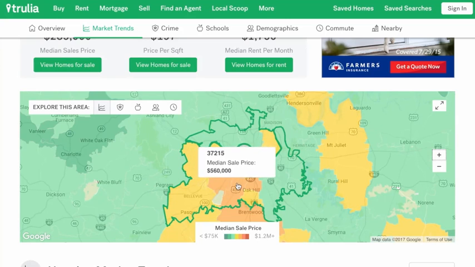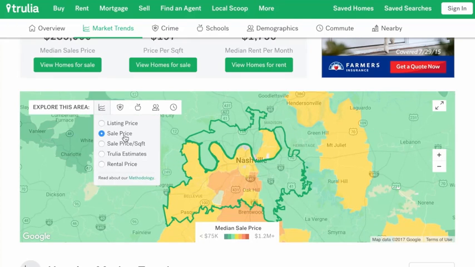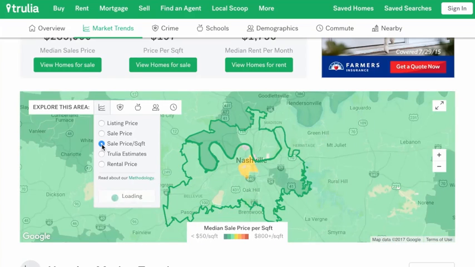So really anywhere here in the orange is going to be up there in the high numbers, because according to our heat map here, that's how it works. So if I click on this, that's looking at the sale price. If I look at sale price per square foot, then it's going to give me the zip code and the price per square foot.